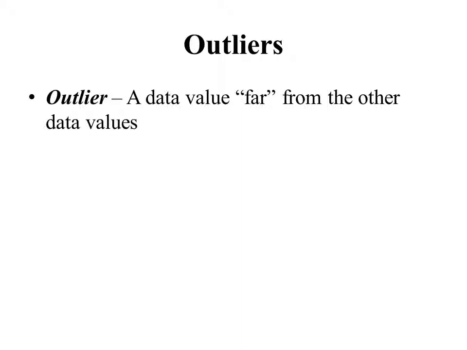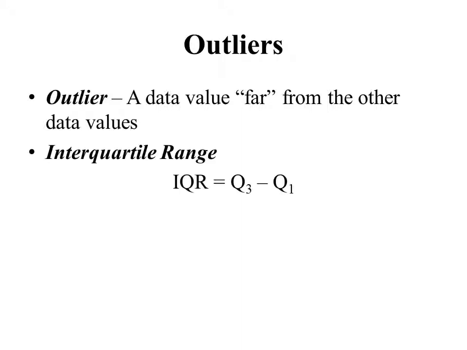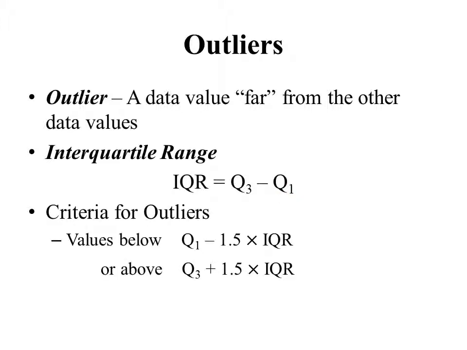So to make this idea a little more objective, we're going to define what we call the interquartile range, which sounds like a scary term, but the interquartile range, abbreviated IQR, is simply the third quartile minus the first quartile. And then using this interquartile range, we can more formally define outliers.